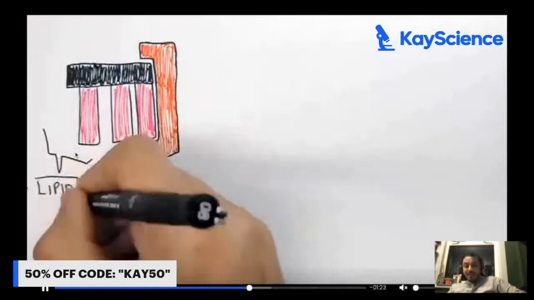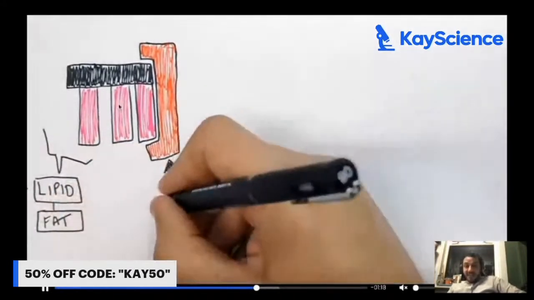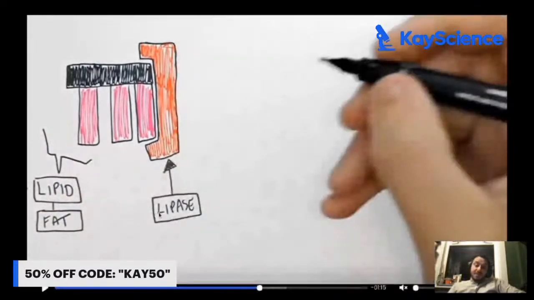So this here is the lipid, the substrate, which is aka fat, and this here is the enzyme, which is a lipase or lipase, depending on your pronunciation. Lip, as you can see here, L-I-P, lipid. Ase, A-S-E, like amylase, protease, lipase, it's an enzyme.